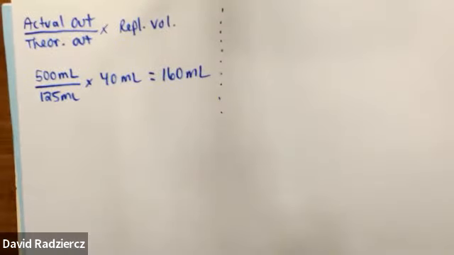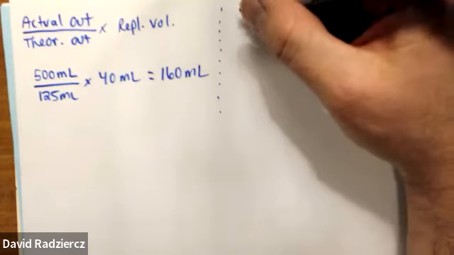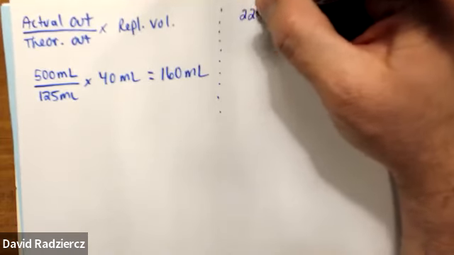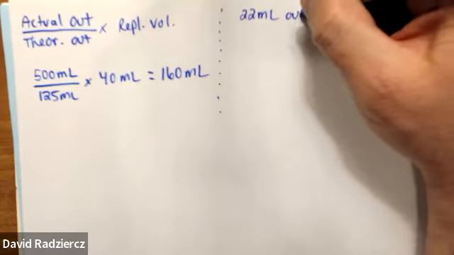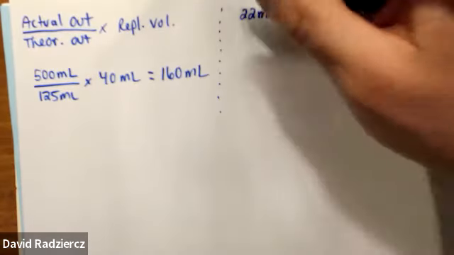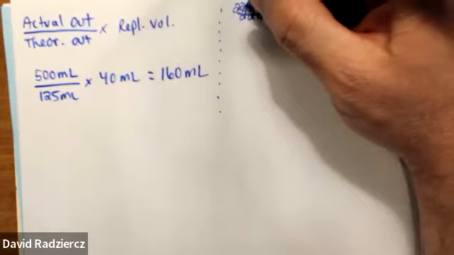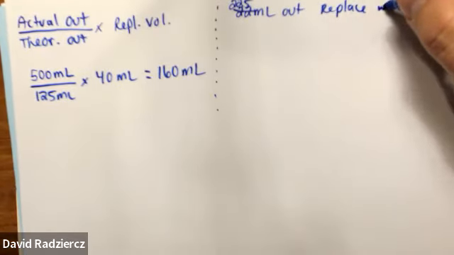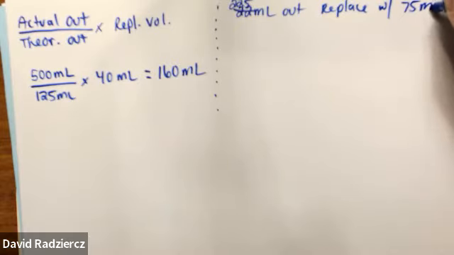Now, just because I think it's fair to show this, let's do a different variation. Let's say for every 225 milliliters out, we're going to replace with 75 milliliters.